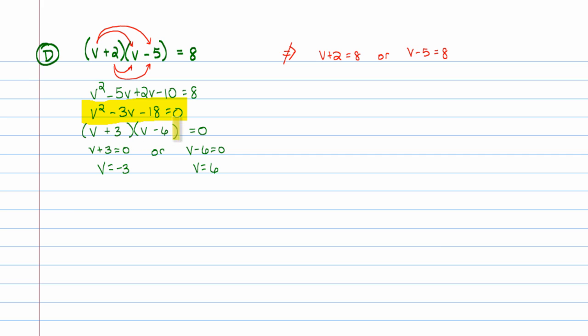Then you say, either the first object is 0 or the second object is 0, which means that v is equal to negative 3 or v equals 6. What we did in our last example is that we started with this bottom sentence: v is equal to negative 3, or v is equal to 6. Move everything to one side, so v minus 6 is equal to 0, or v plus 3 is equal to 0. Well, if one of these two has to be 0, then their product must be 0. And if you multiply those things together, you get the original quadratic equation.